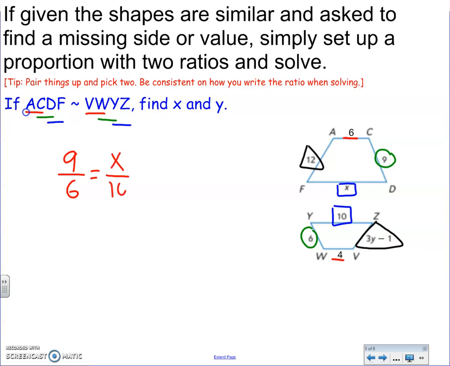When I say write the ratio carefully, I mean sometimes teachers like saying do pair over pair, circle over circle equals square over square, which is what I did. Some teachers like saying do it one shape at a time: circle over square for one shape equals circle over square for the next shape. No matter how you set it up, if you solve it correctly, you'll be good. If I solve this, multiply both sides by 10, I would get 90 over 6 equals X. That does reduce.